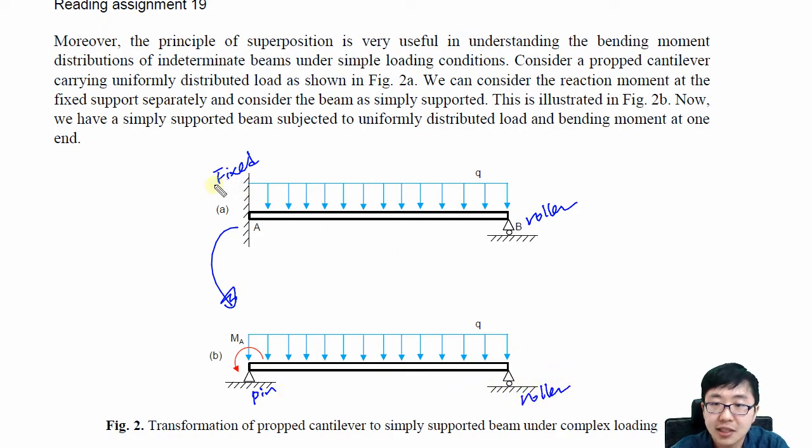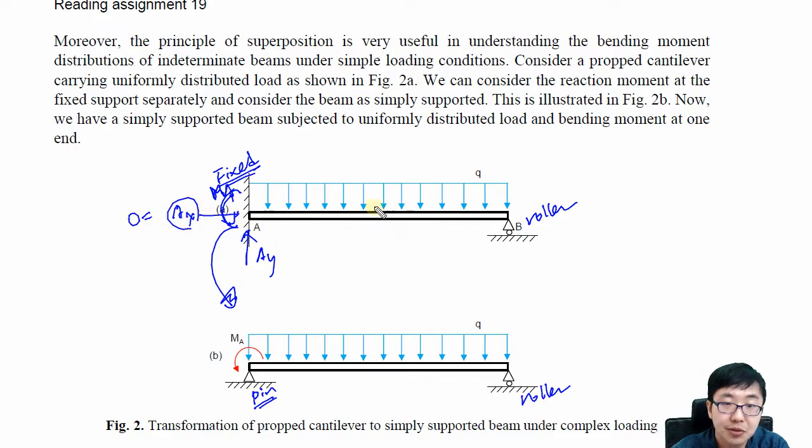What I mean is, they have changed the boundary condition from fixed to the pin condition, but here you can think about it, in this case, for the fixed condition AX, AY, and the moment should be applied. Of course, MA will be applied, and we know that AX is equal to 0 because there is no force applied in the x-axis. So we have moment A, isn't it?